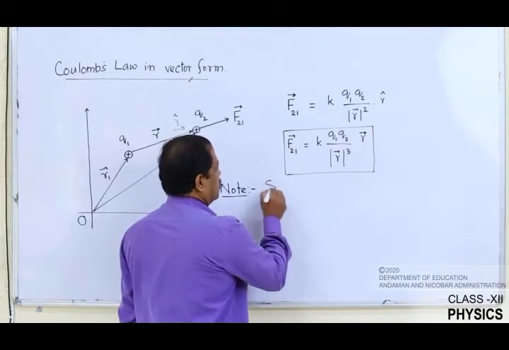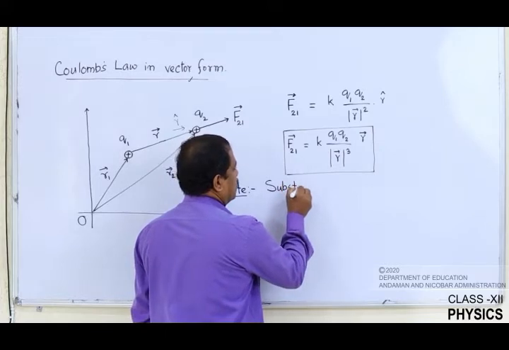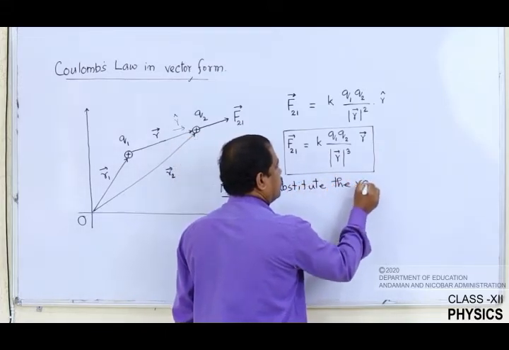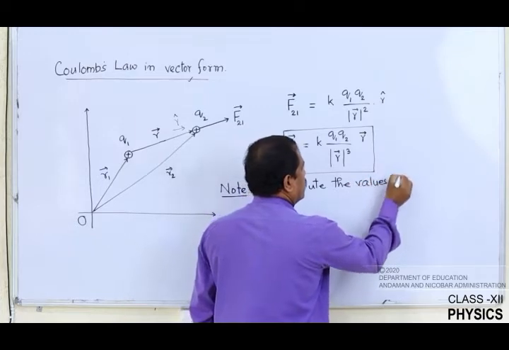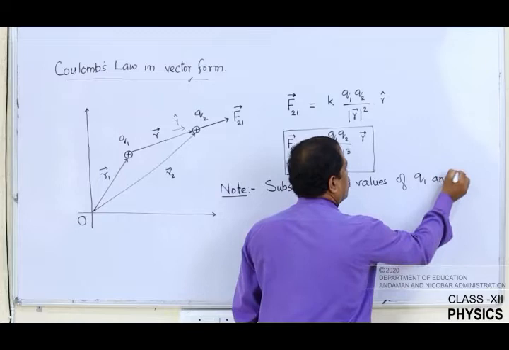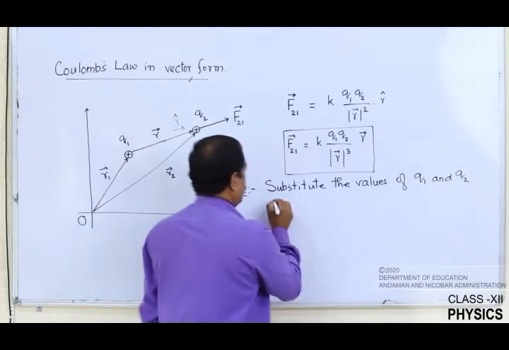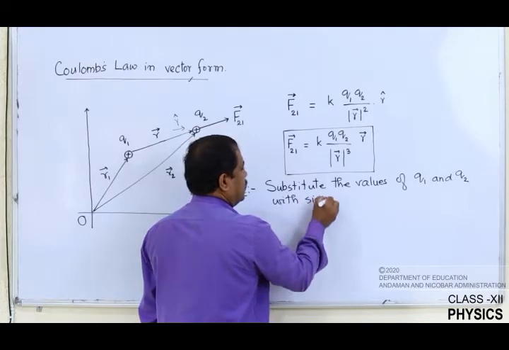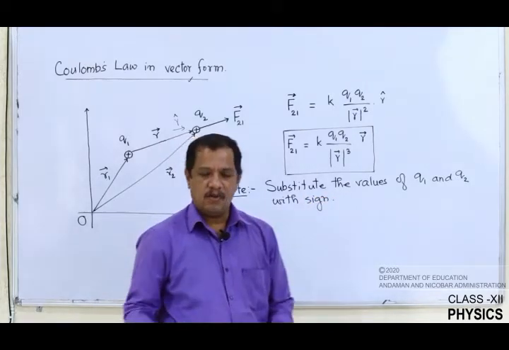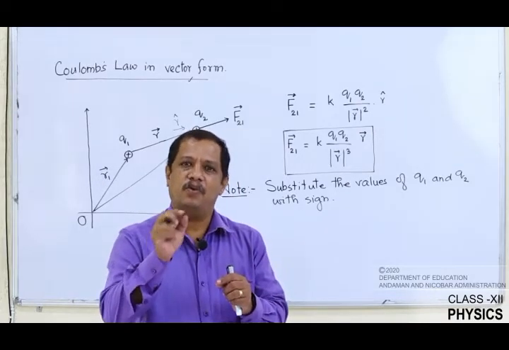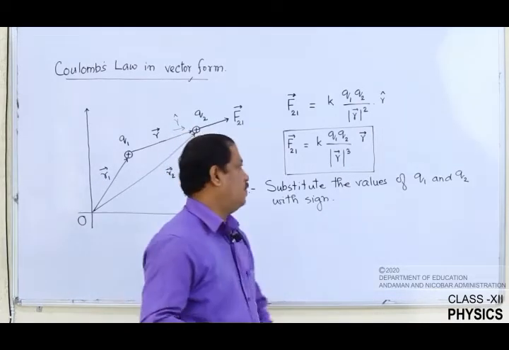So therefore, substitute the values of Q1 and Q2 with sign. If it is a positive charge, I am going to substitute a plus value. If the charge is negative, I am going to substitute a negative value, minus of that value.